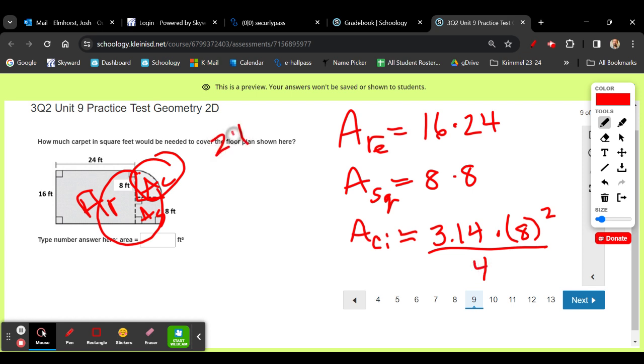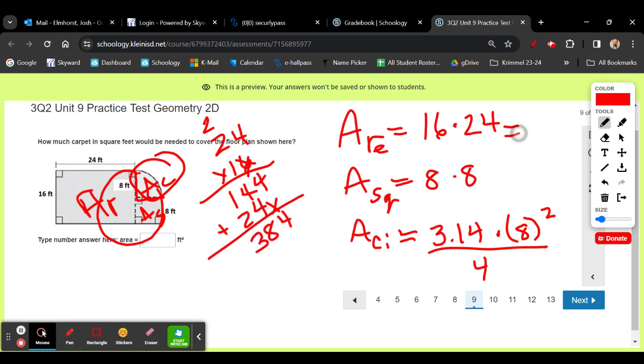Let's do 24 times 16. We got 384 feet squared. And we got 64 feet squared.